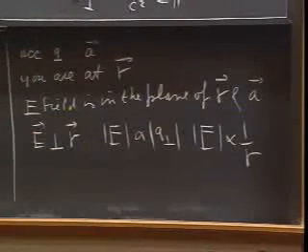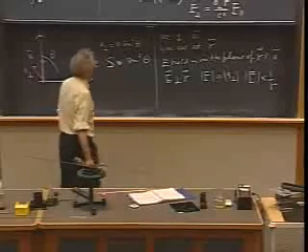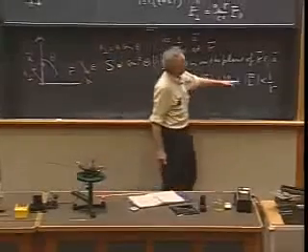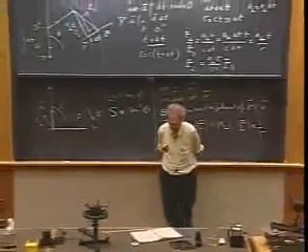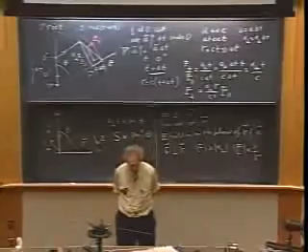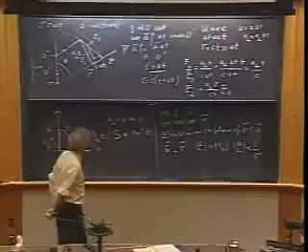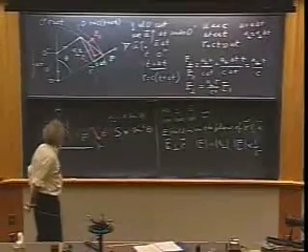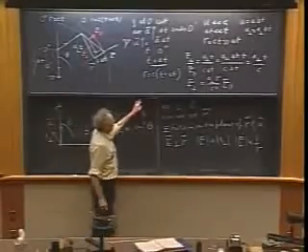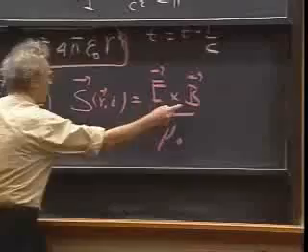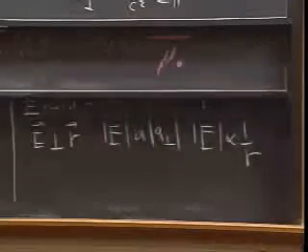If Q is negative, then it is in the direction of A perpendicular. The 1 over R is an obvious thing. It's a consequence of the conservation of energy, because the Poynting vector is proportional to E cross B, so the Poynting vector is proportional to E squared.